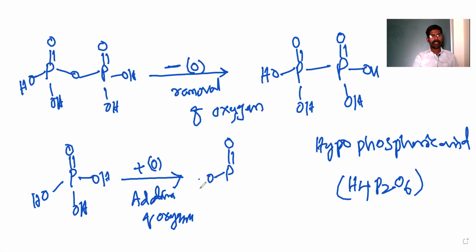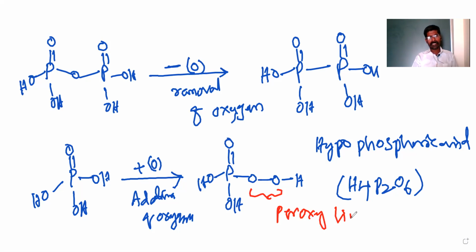Now here the OH group will be the same, and here also the OH group is the same, but what happens here? One oxygen atom is added here. So this is the peroxy linkage. Is it clear now? Peroxy linkage. This linkage is called the peroxy linkage.